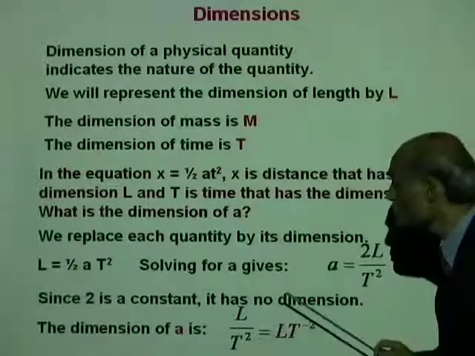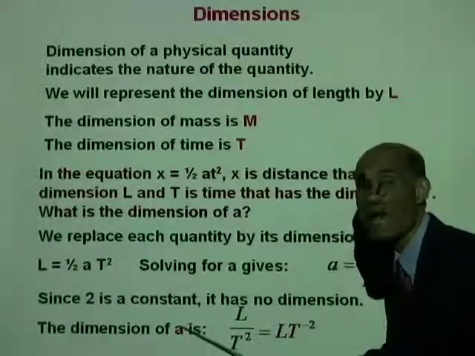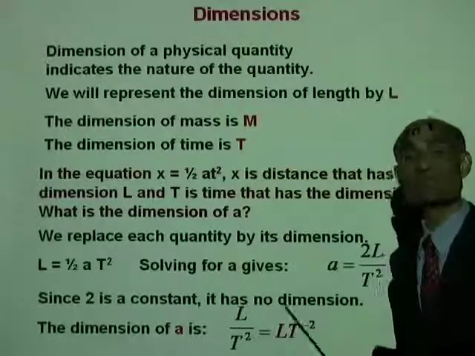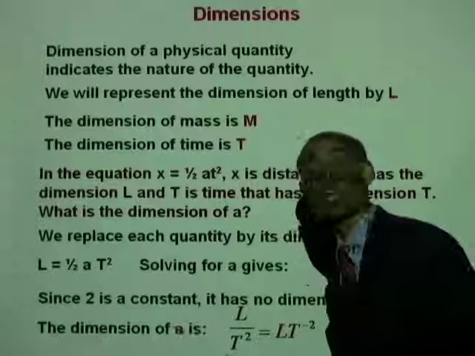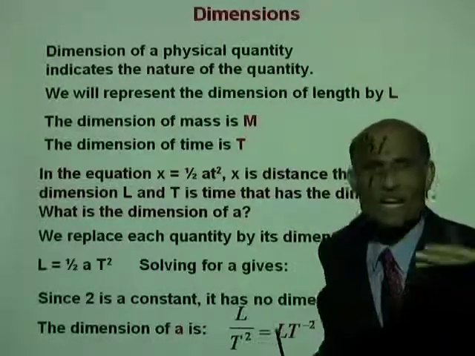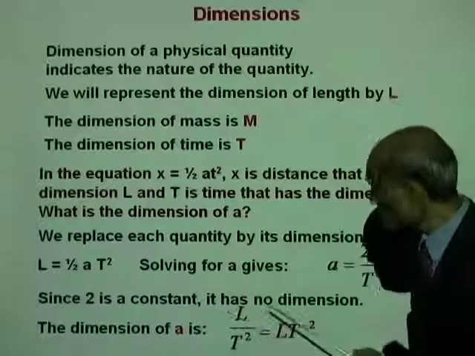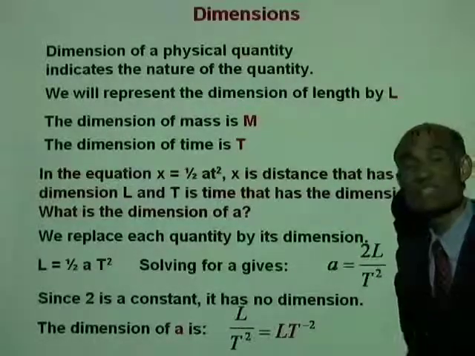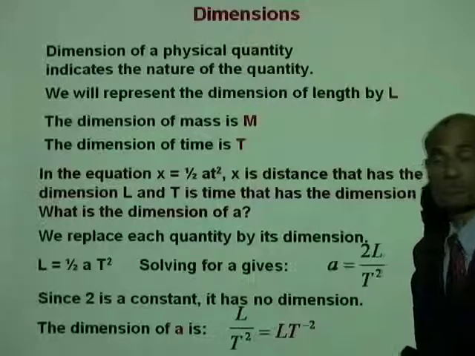The dimensions of this quantity A is LT to the power of -2. And you will see a little later that this A stands for acceleration. The dimensions of acceleration is LT to the power of -2.